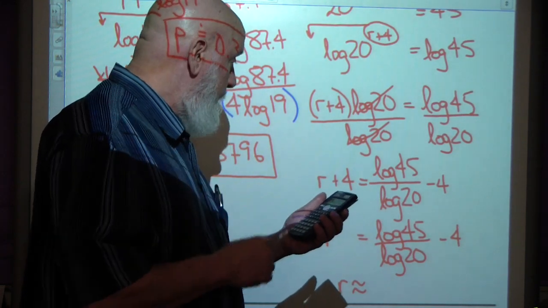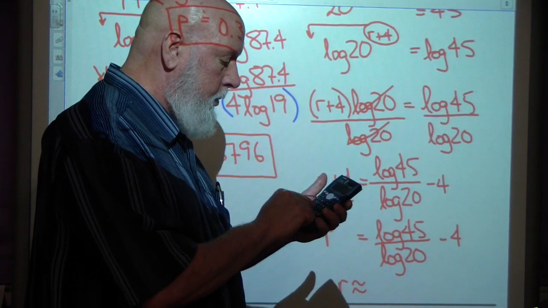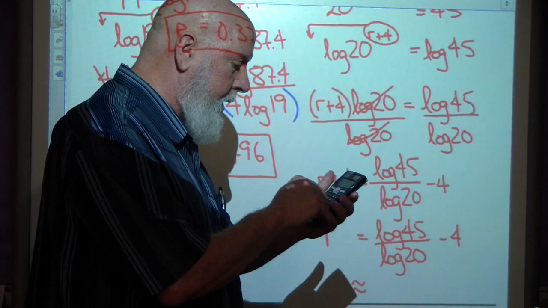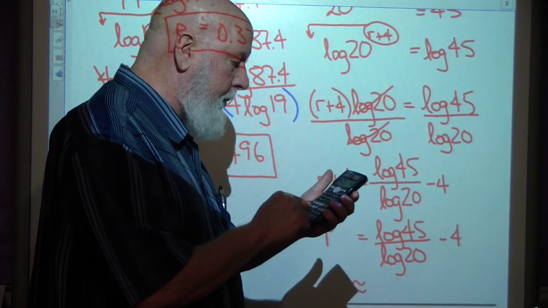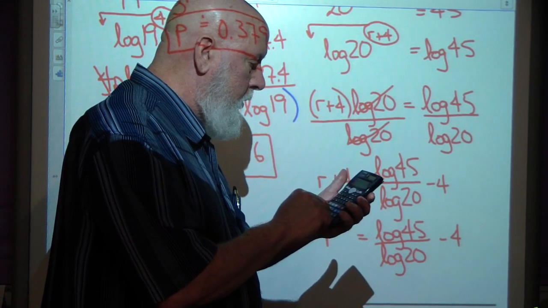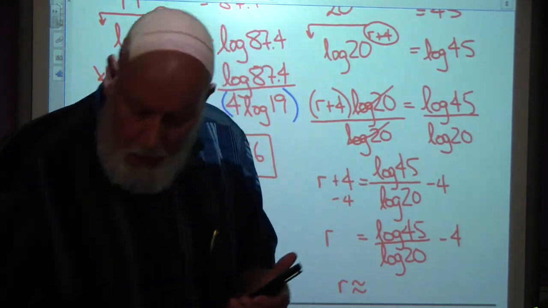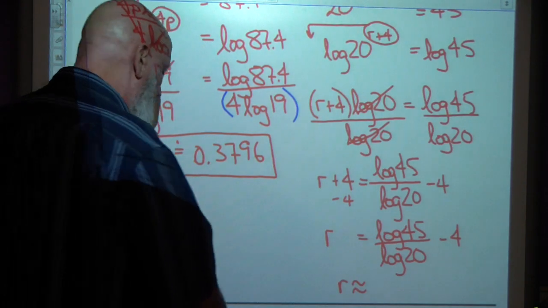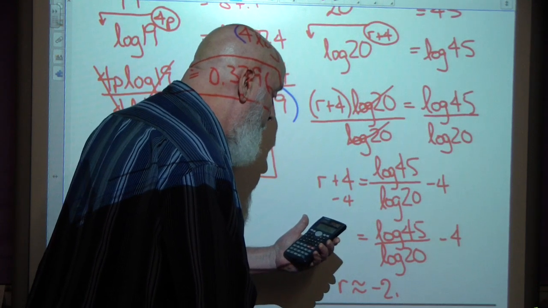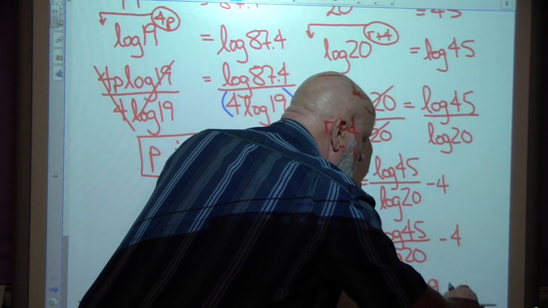Here we go. Log 45 divided by parenthesis log 20. Even though I don't need the parenthesis, I'm going to go ahead and put it in there so my calculator can't possibly misinterpret what I'm asking it to do. Minus 4 equals negative 2.7293.